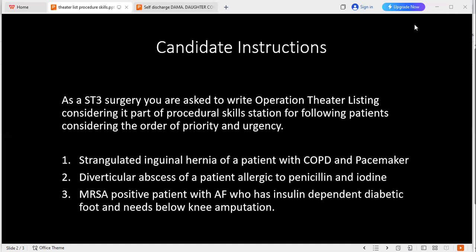Insulin-dependent diabetic patient, you have decided to place it at number 3. Why? Because this patient is MRSA positive. Otherwise, if the patient doesn't have MRSA, then I would have given the first priority, because any diabetic patient should be given priority in the list.